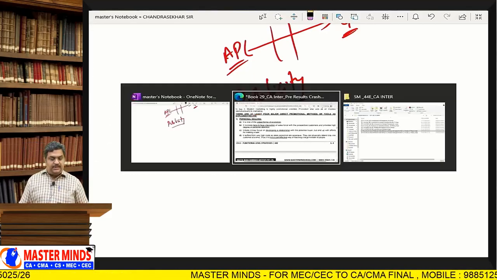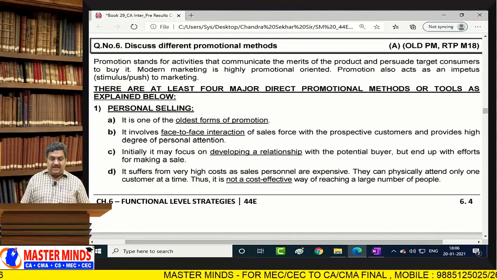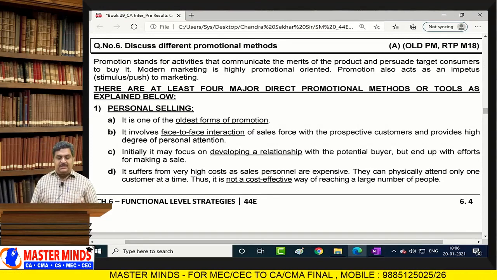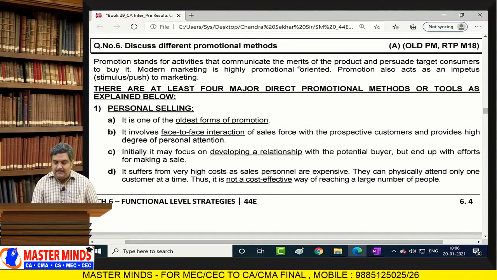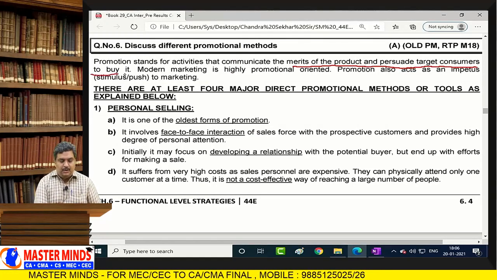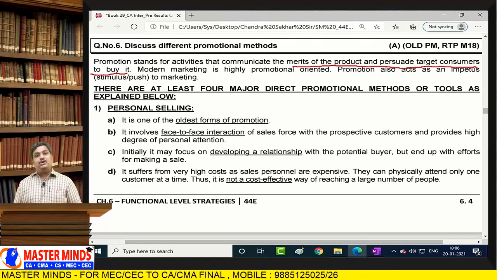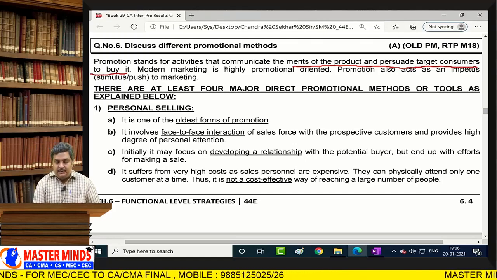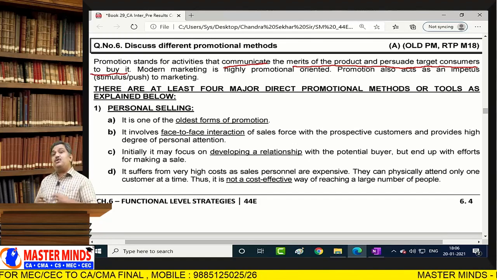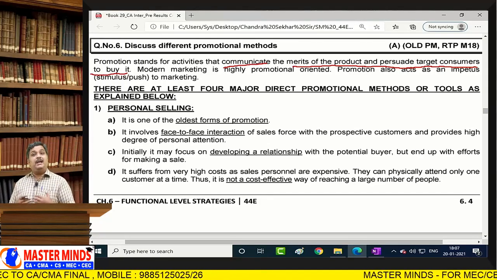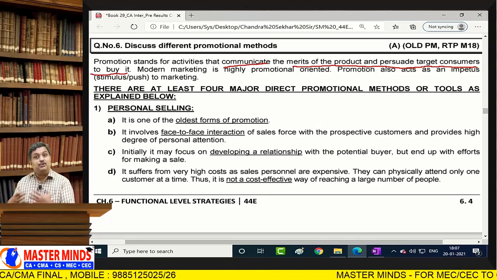With this introduction, let us start with the content given here and read one after one. First of all, promotion stands for activities that communicate the merits of the product and persuade the target customers to buy it. So promotion means communicating. The most important word here is communicating. Communicating does not mean just telling about your product, but persuading the customer to buy.